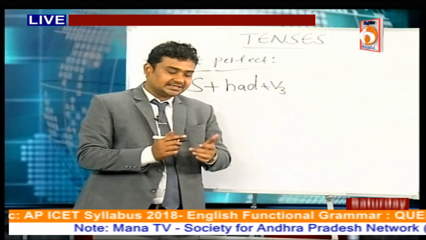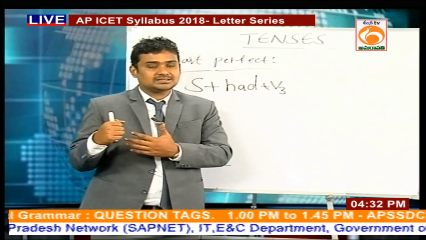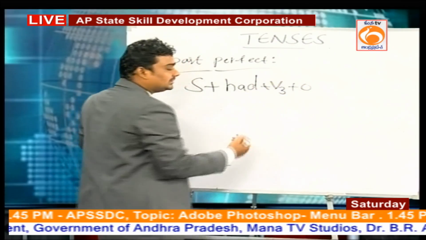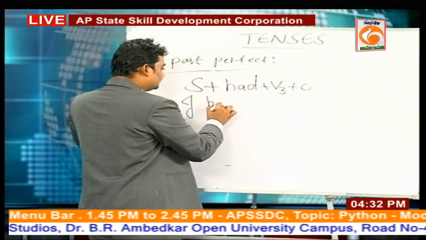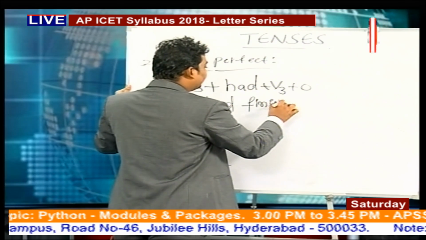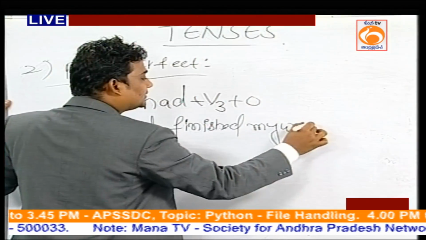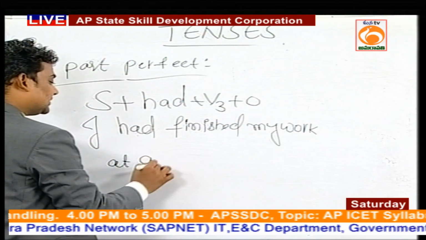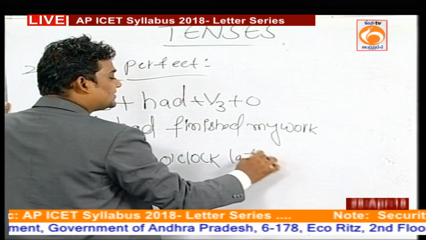What is past perfect tense? One action had finished at a particular time in the past. The time of action must be mentioned in the object column. You can see here an example: I had finished my work at 9 o'clock last night.